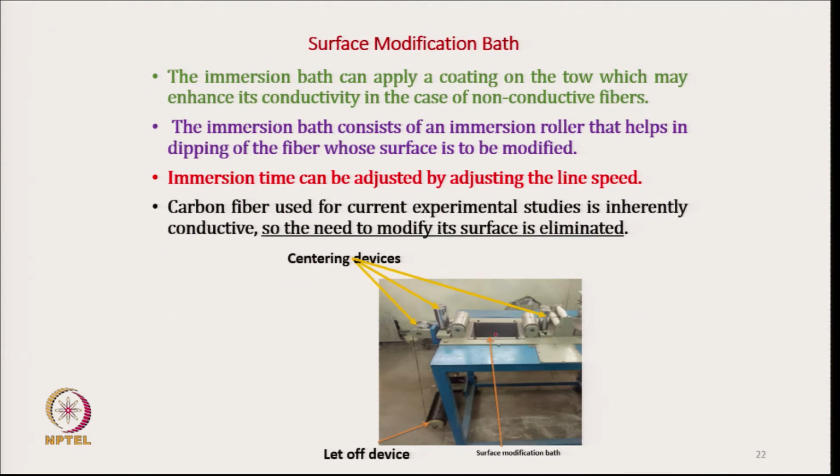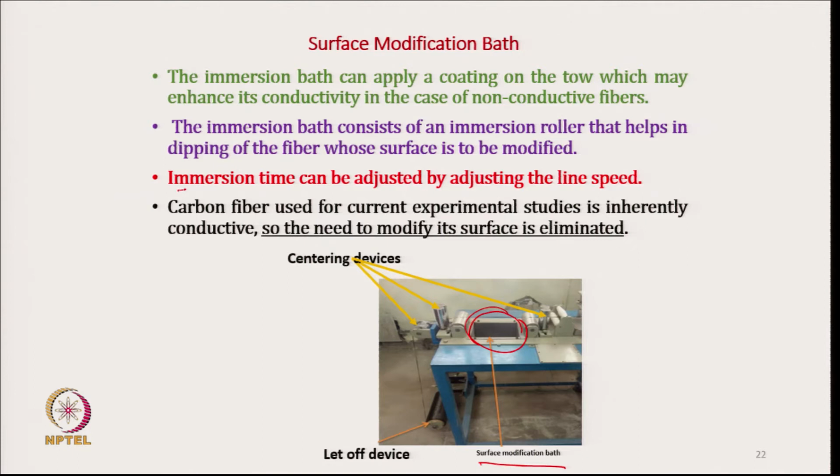And after the centering device, the material enters into the surface modification bath, okay, where if we need any finish to be applied on the surface of that fiber, in that case we can use this surface modification bath.